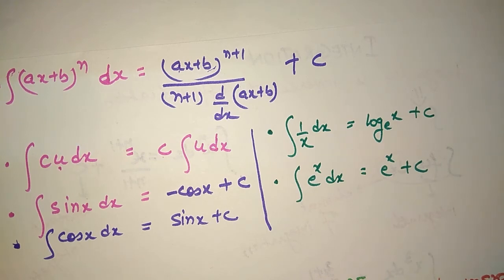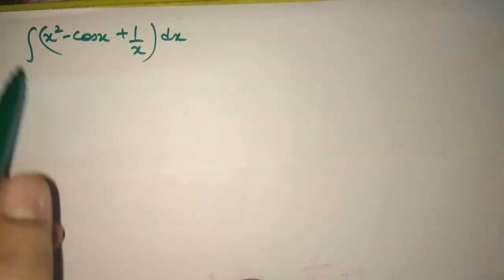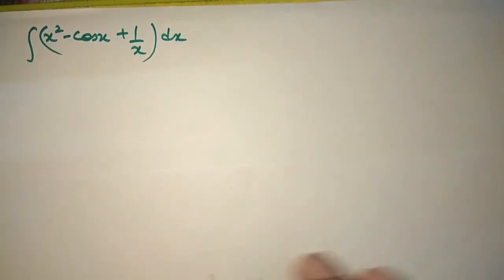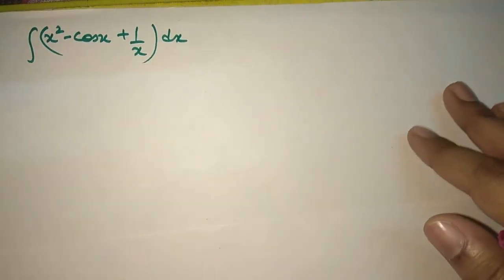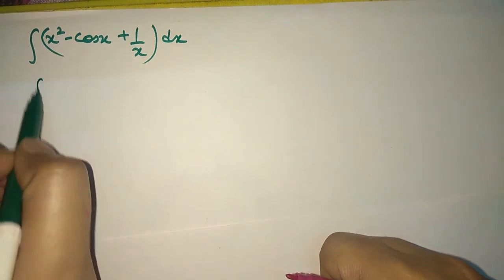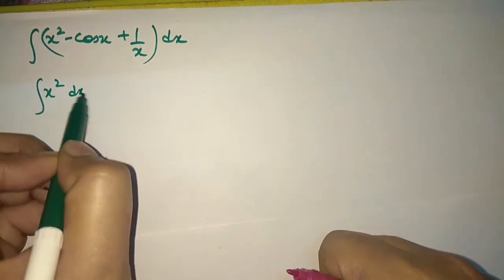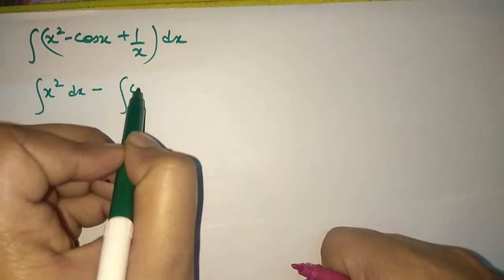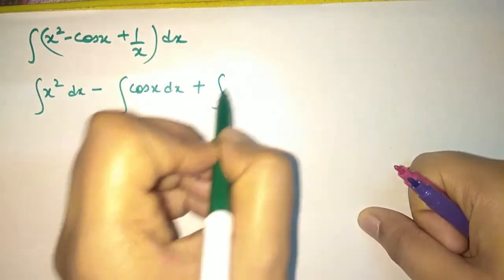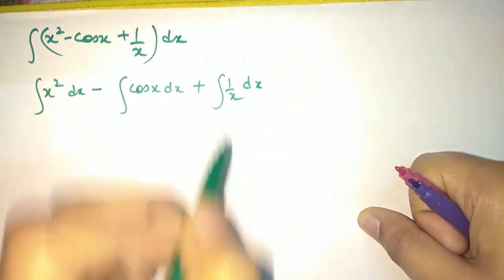So next we have another example, that is integration of (x^2 - cos x + 1/x) dx, which we need to find. The first step is to give the integration sign to each term, that is integration of x^2 dx minus integration of cos x dx plus integration of 1 upon x dx.